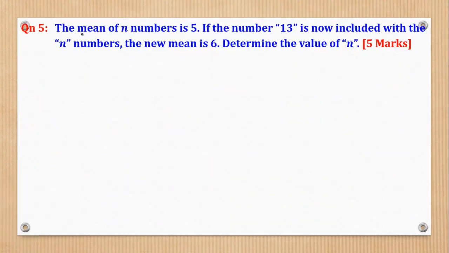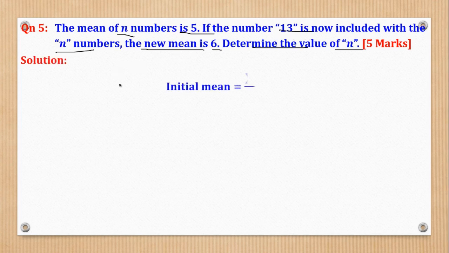Then question 5 says the mean of n numbers is 5. If the number 13 is now included with the n numbers, the new mean is 6. Determine the value of n. So first of all, the initial mean, they said it is 5, and it's got by summation x over n. So when I cross multiply, I get the value for the summation of those n numbers.